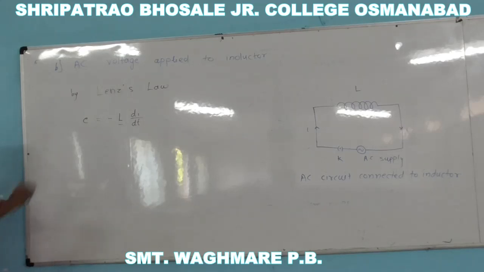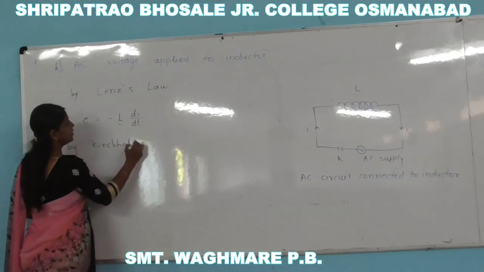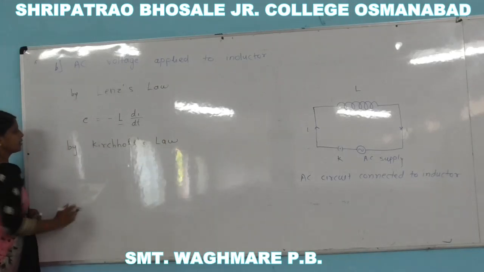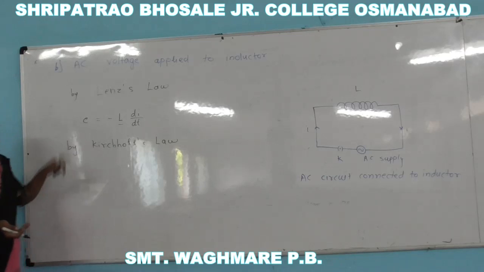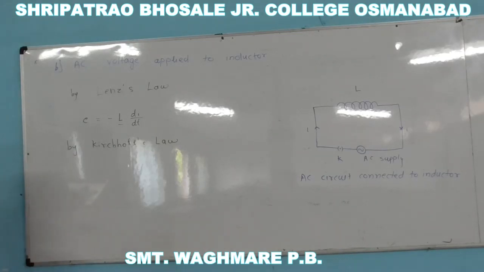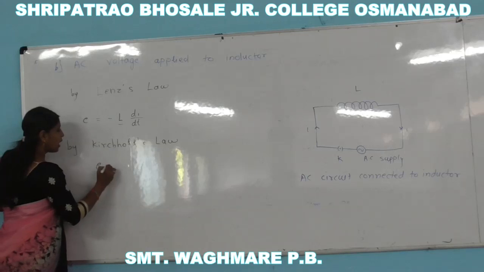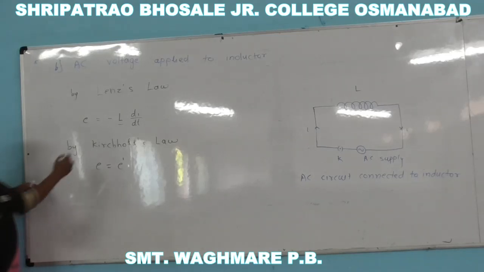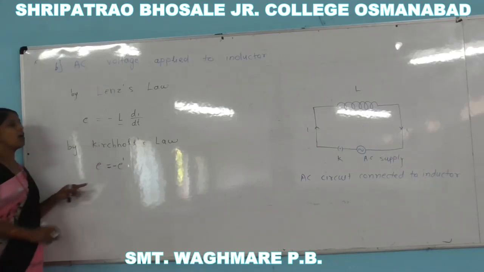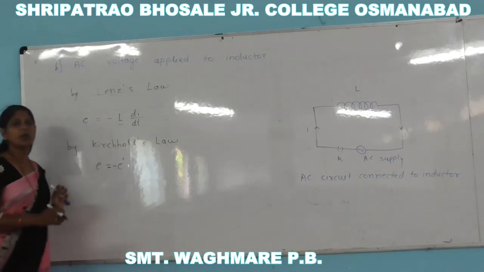By Kirchhoff's law, the EMF induced in the coil can be denoted by E dash, and the applied EMF is given by E. Therefore, the total EMF in the closed circuit is equal to 0, so E plus E dash is equal to 0. Therefore, E is equal to minus E dash.